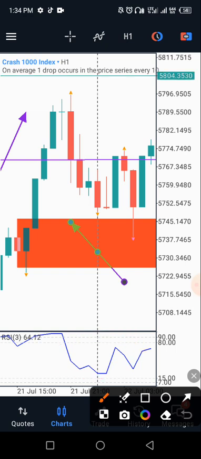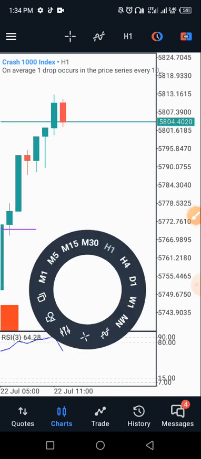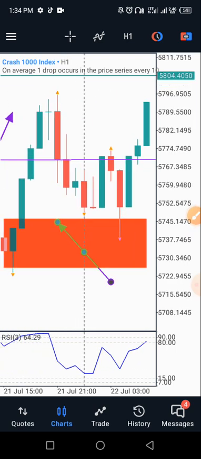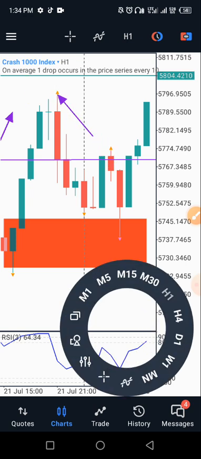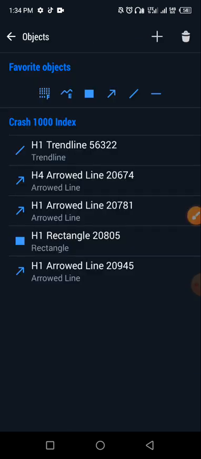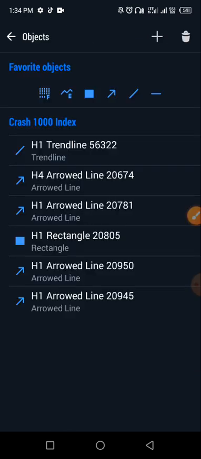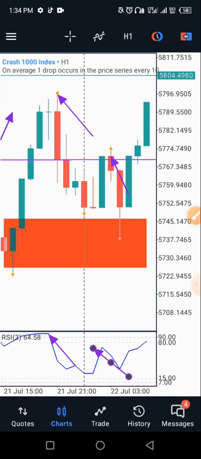So what we want to see is, remember, if the market is showing a high here, it means that our RSI here has to show a high. If our market is showing a lower high here, it therefore means that the RSI here will show a lower high.